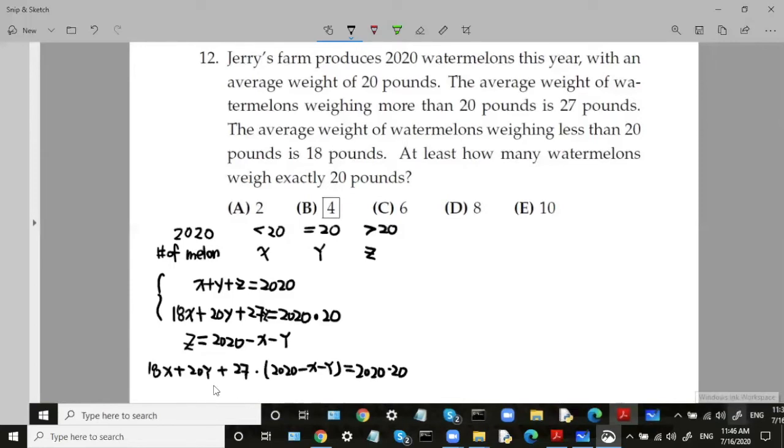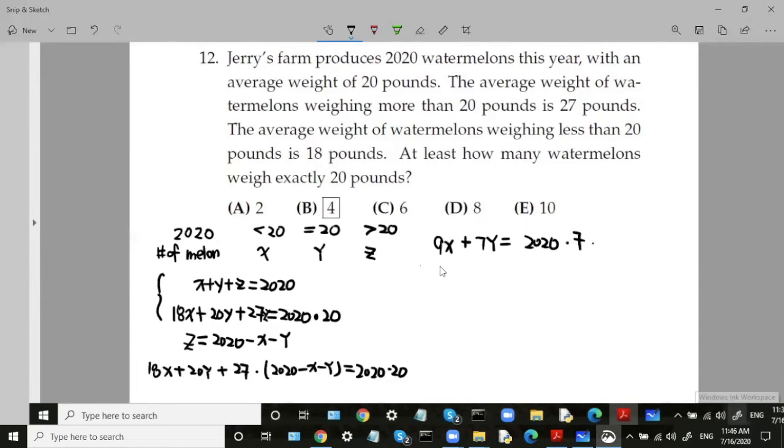So let's combine the like terms of this equation. Finally, we will get 9x plus 7y equals 20 times 7.